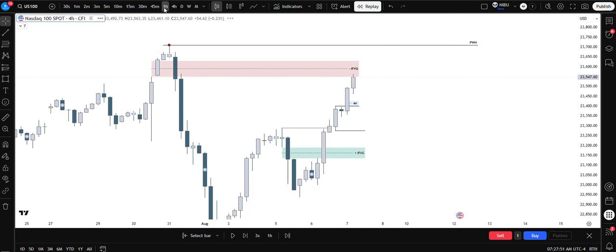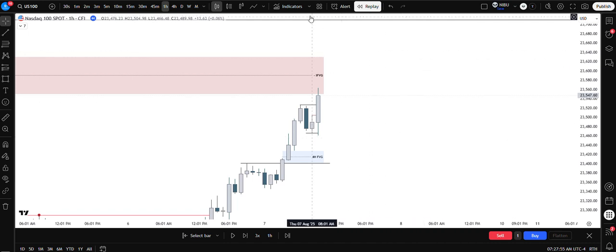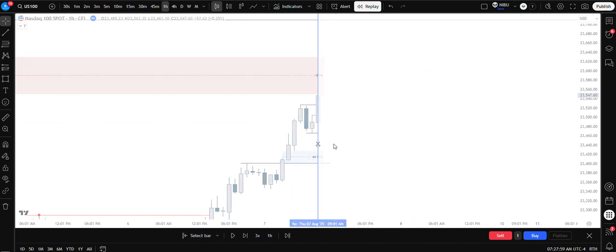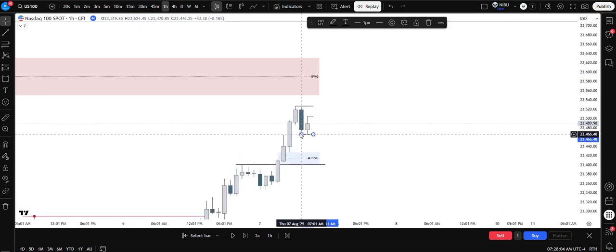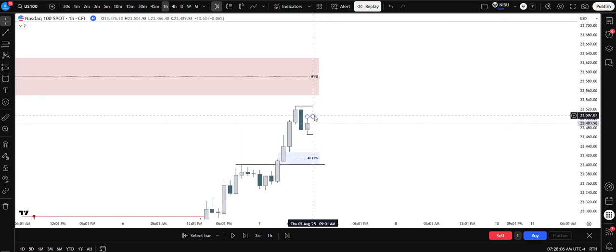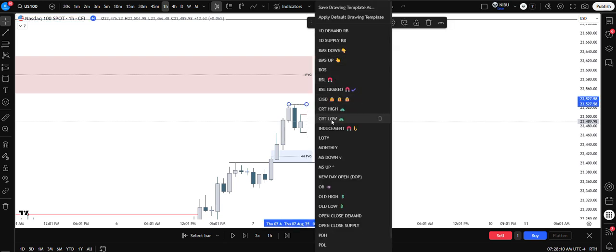We move to the 1 hour time frame. We just mark the 8 AM high and low. This is our 8 AM low and 8 AM high, and this was buy side liquidity.